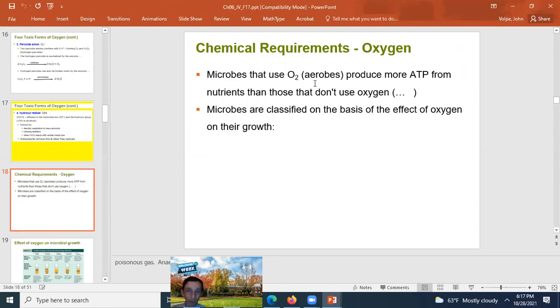Remember that aerobes produce more ATP from nutrients and glucose than the cells which perform anaerobic respiration. They don't use oxygen. And so aerobes grow faster than anaerobes in general. All microbes are classified on the basis of the effect oxygen has on their growth.